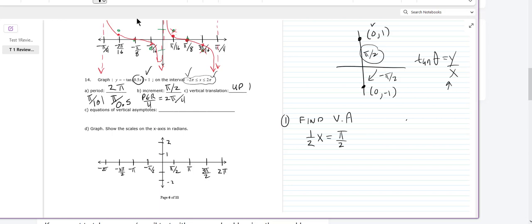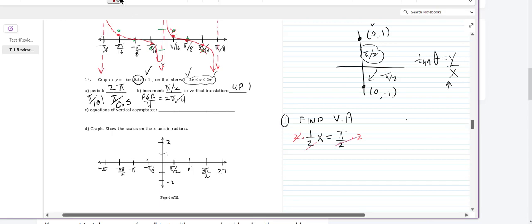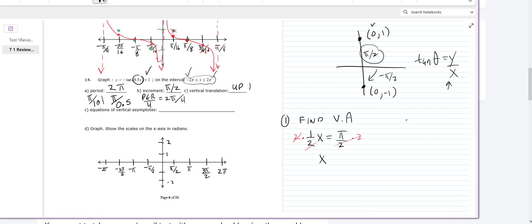Now I'm going to solve this equation, so I'm going to multiply both sides by 2. That gives me x equals pi as one of your vertical asymptotes. So I'm going to put my vertical asymptote at pi. Now you can count to 5 to get the other one.